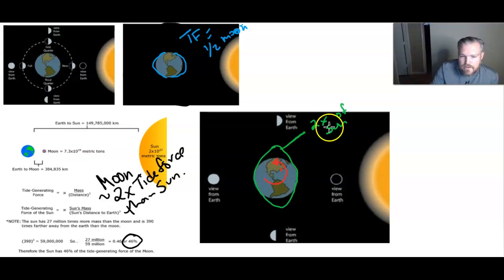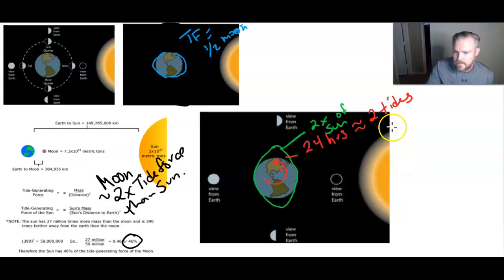So in 24 hours, you will experience roughly 2 tides. Some people say 4 tides. We'll say 2 high tides. Now, again, this is the crayon drawing, so don't get too crazy with it.